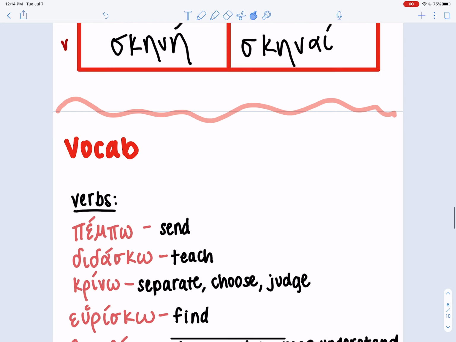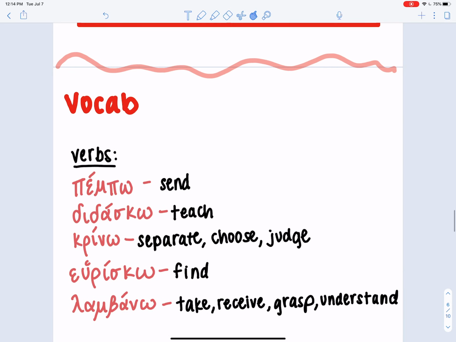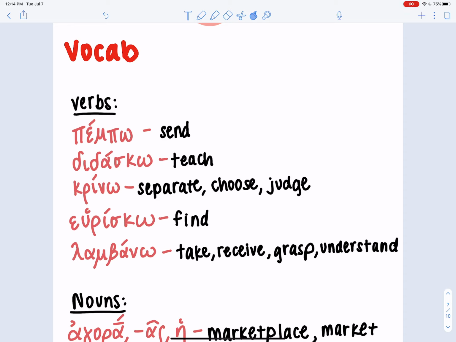so we're going to move on to our second vocab set. And this set can also be found at the end of this week's lesson worksheet for quick access when you're doing the practice after the lesson. We'll start with verbs. We have pempo, which means to send, then didasko, teach, krino, separate, choose, or judge, and whenever I give more than one definition, just pick the one that makes the most sense contextually or that is the easiest for you to remember, whatever helps you.